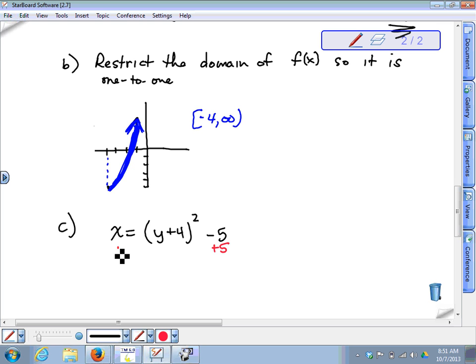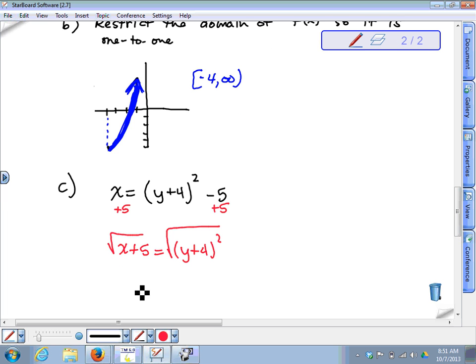Now we add 5 and add 5, so we have x plus 5 equals quantity y plus 4 squared. Now what?